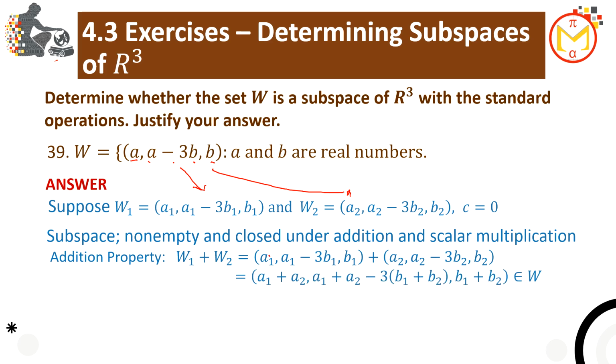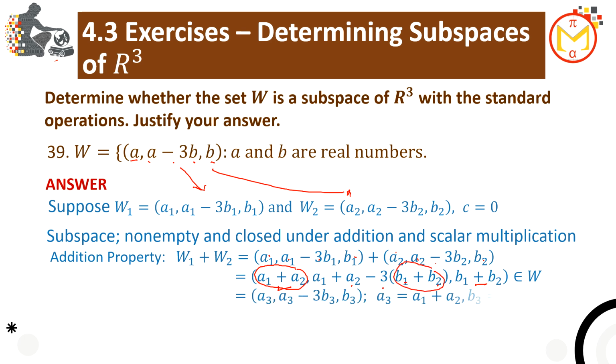First component, a sub 1 plus a sub 2, and then minus, factoring out negative 3, b sub 1 plus b sub 2, then b sub 1 plus b sub 2 for the third component. We can take this as one variable and this one as another variable.